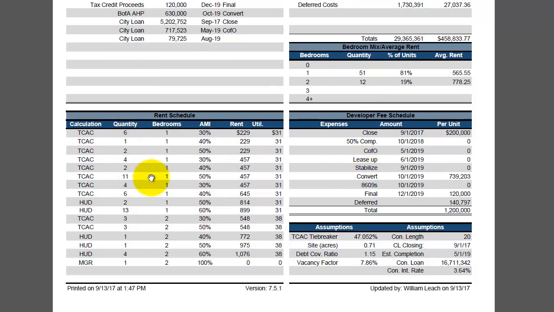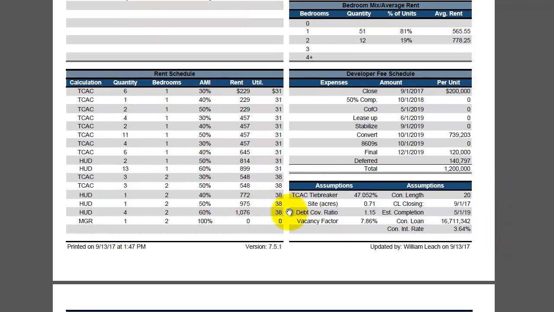We try to make a nice compressed view of the various units and the bedroom sizes and the AMIs that those units target. In the bottom right, I like to add a little bit of general data that people want to know. What's the debt coverage ratio, or what's the TCAC tiebreaker? How long is construction? Some general information that people often want to know with this little bit of real estate.